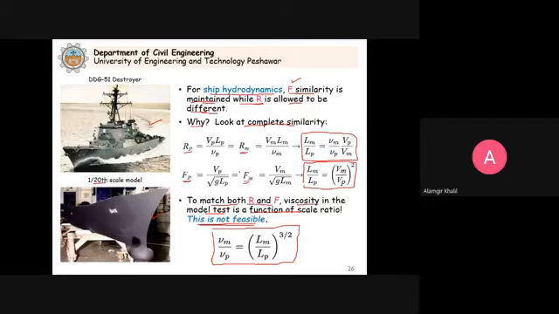For example, the ship that we consider here. In the case of a ship, the model will give the total resistance, because we measure the resistance that is offered, as you saw in the video of the towing tank. The resistance will be offered to the movement. From the total resistance, we must subtract the empirically computed skin friction to determine the wave making resistance of the model, because we allow Froude number similarity to be maintained.